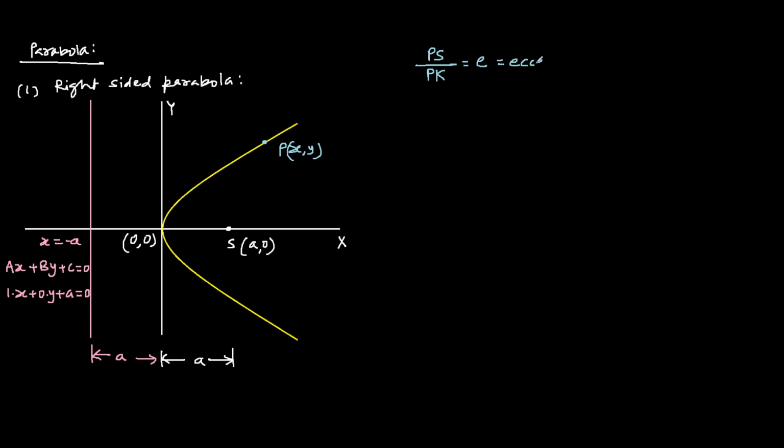It is called eccentricity. And for a parabola, eccentricity is 1, or this ratio is equal to 1. So we can write PS equal to PK, and K is any point on this directrix.